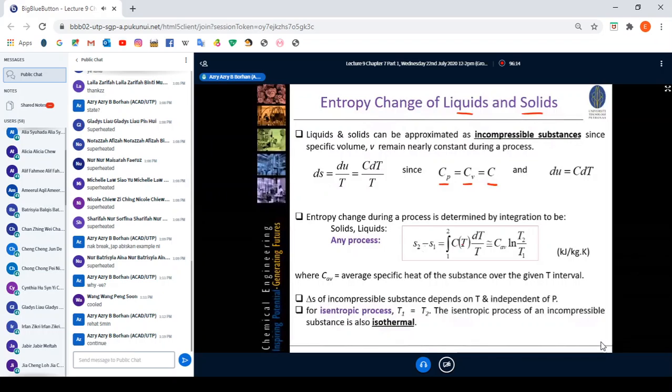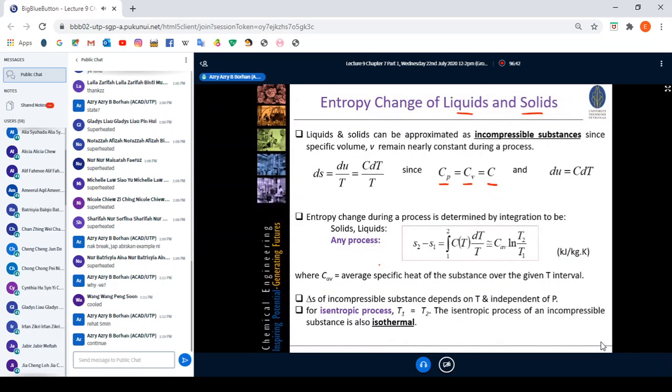C as a function of T, so the value of C must be dependent on temperature. When we summarize this, you're going to have C average ln T2 over T1. And of course, the unit is in kilojoule per kilogram Kelvin.